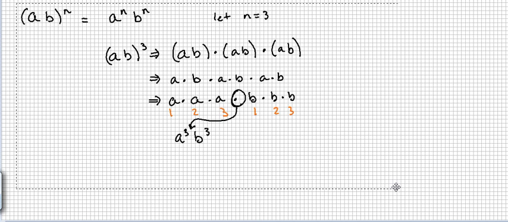I'm going to clear some space off real quick. Let's go and look at what if we had a fraction, a over b to the n. And our rule says it's going to be a to the n over b to the n. And now let's just try and see why this is true. Let's let n equal 3 again.